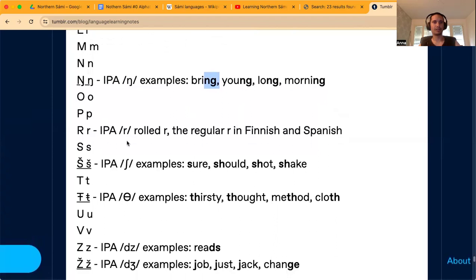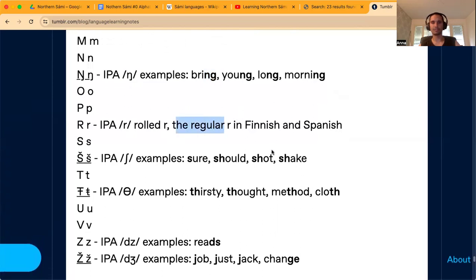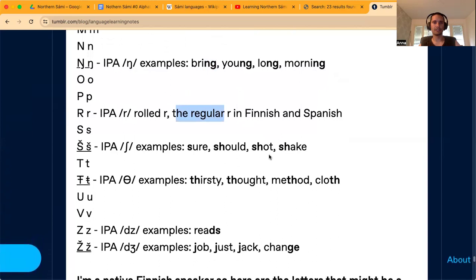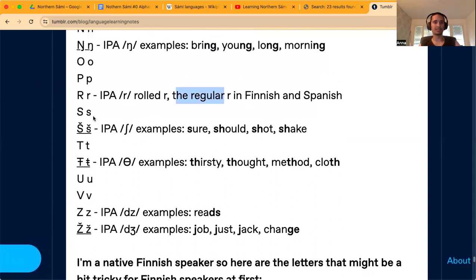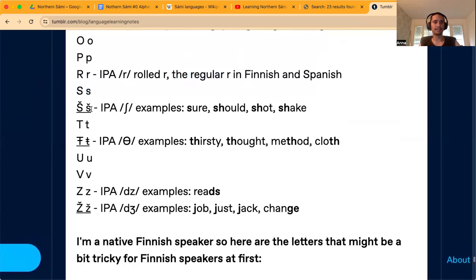R, like the regular R in Finnish and Spanish, r. So that might be hard for English speakers. S, sh. S with the hat, sh, like sure, should, shot, shake.